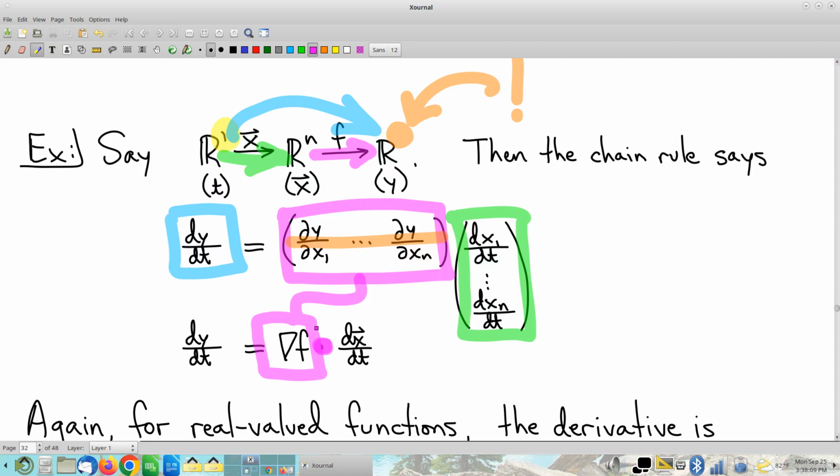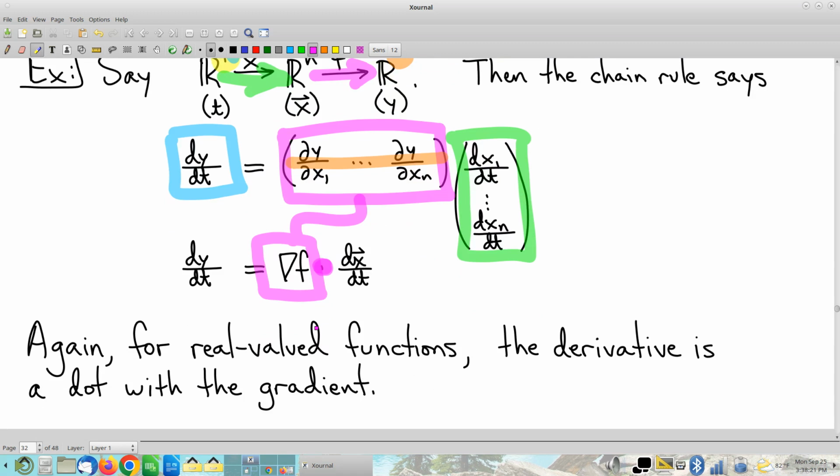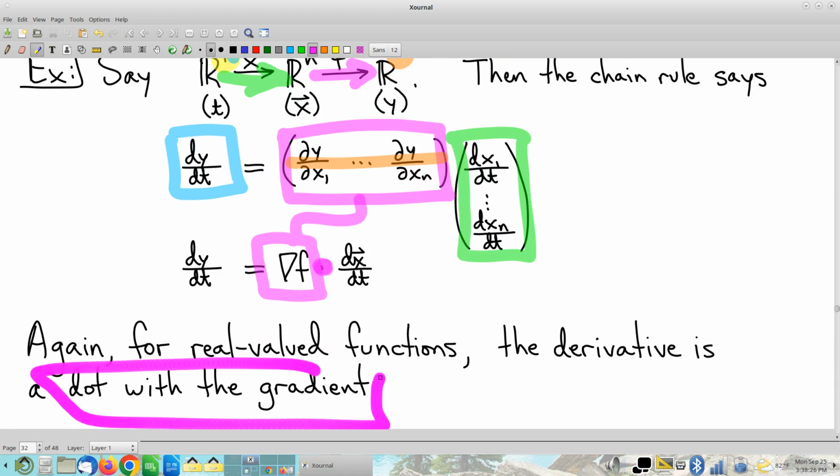Whether you want to view that as a matrix product or a dot product, they're two different ways of looking at ultimately the same thing. So the result of this special case is that you have the choice to reinterpret it as a dot product with the gradient instead of using a derivative matrix. Sometimes that's convenient for various different reasons.